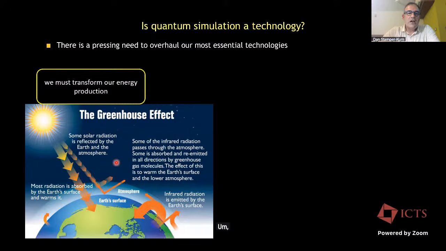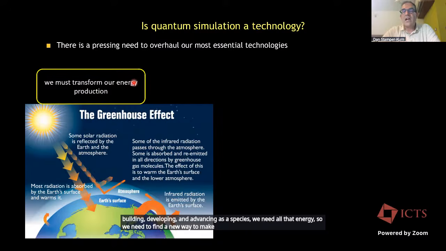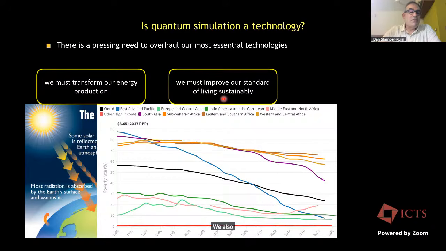We have understood that the way we produce energy is spoiling our planet. And if we want to keep building, developing, and advancing as a species, we need all that energy. So we need to find a new way to make energy that is not so problematic for us. We also need to develop the standard of living worldwide.